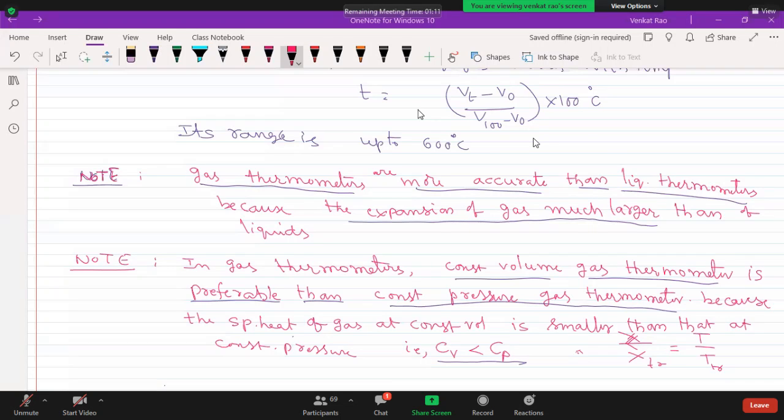As length changes, surface area also will change. Correspondingly, volume will also change. So whenever any solid is heated, it will expand in length, in area, and also in volume, due to increase of the interatomic separation.